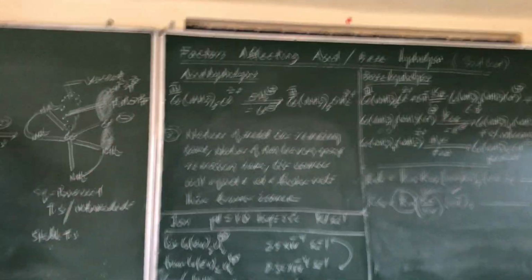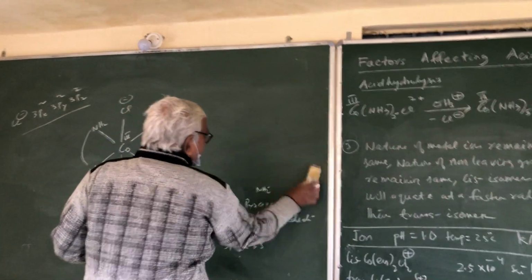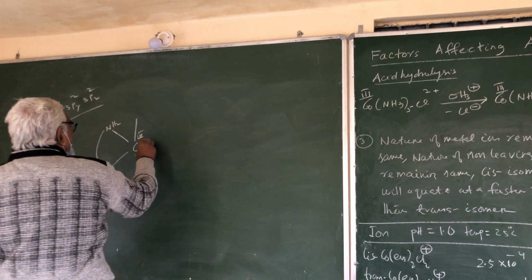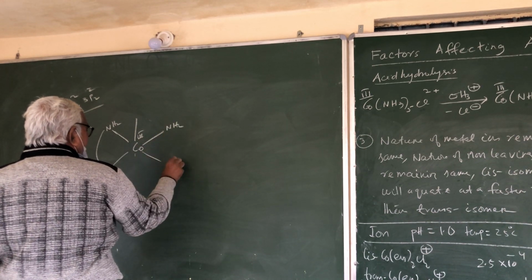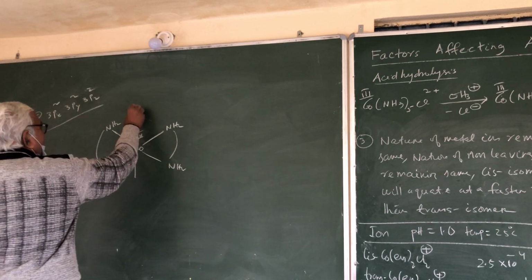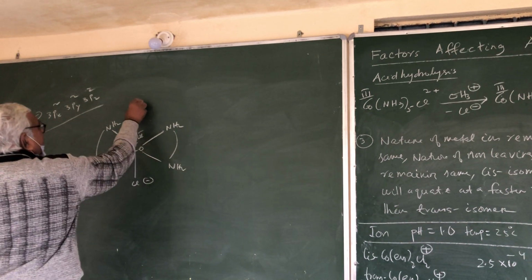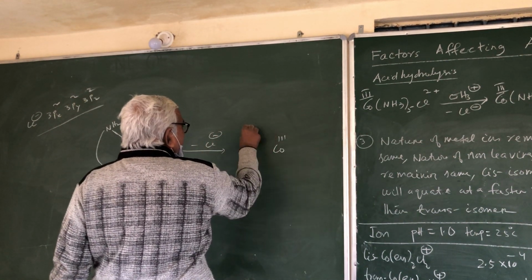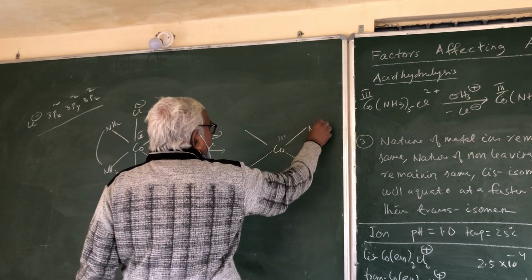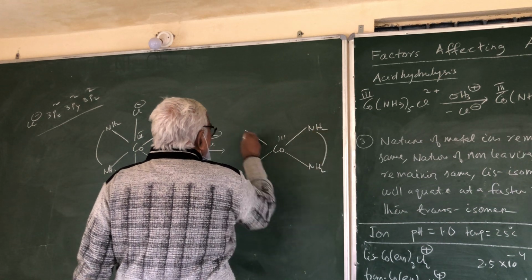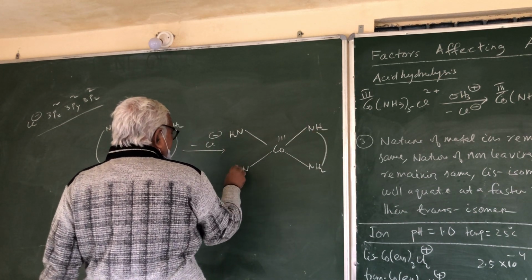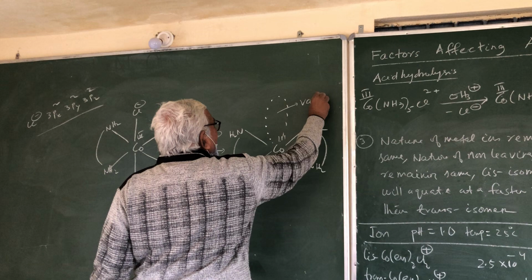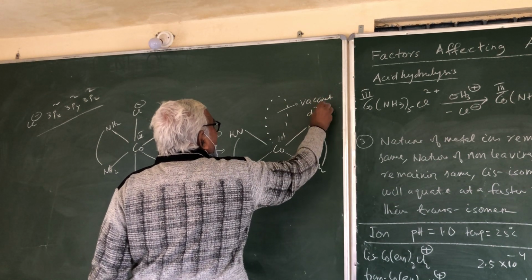If you take a trans isomer, if one chloride is lost, vacant d2sp3.